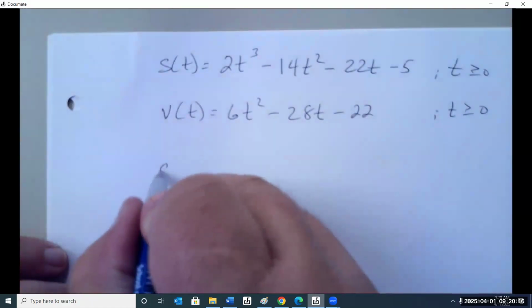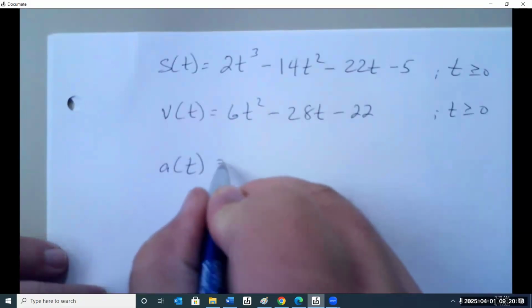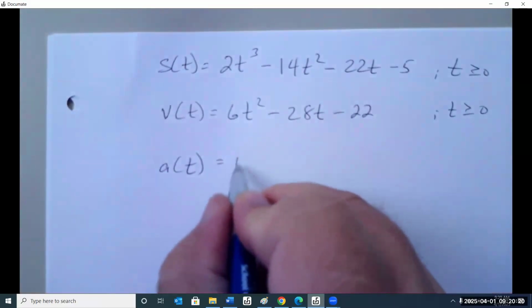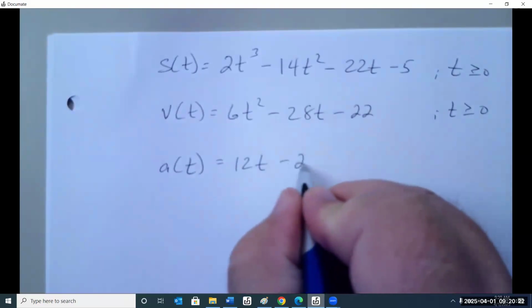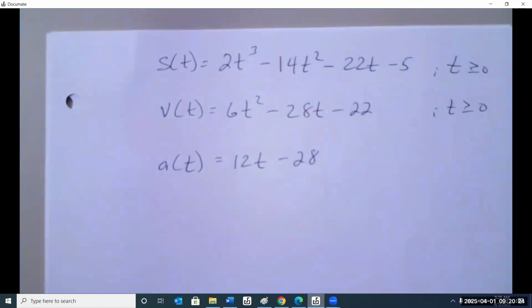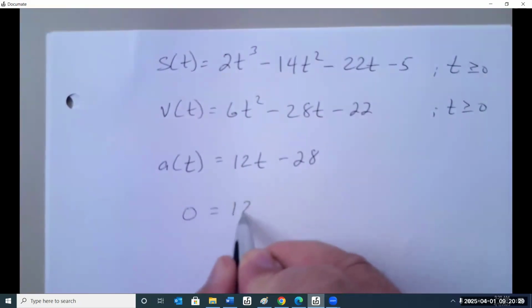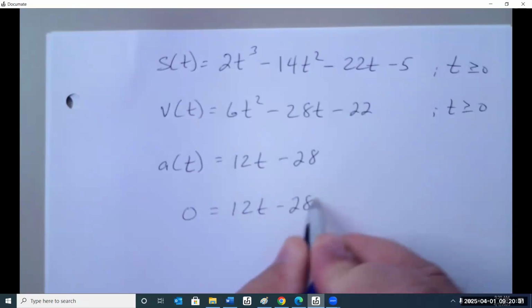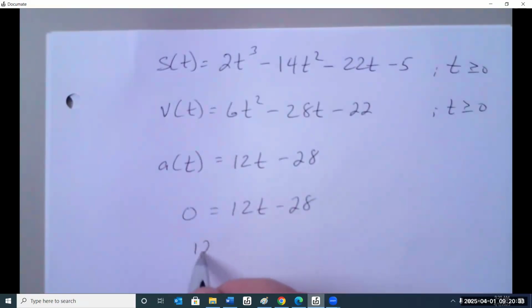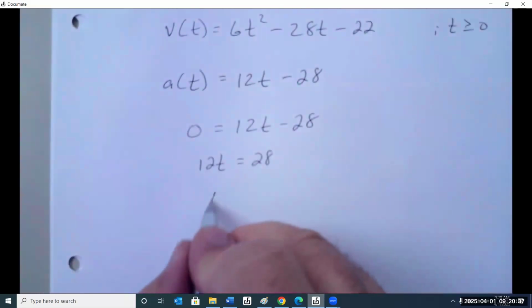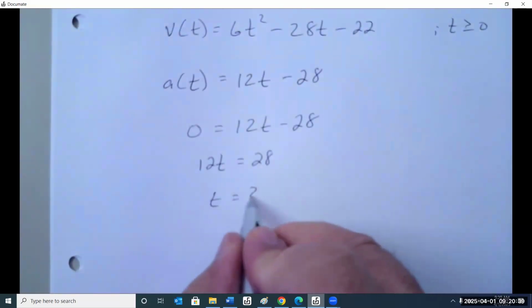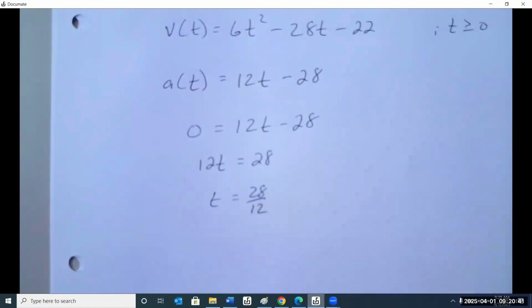Now we're going to find the acceleration. 12t minus 28. Set that equal to 0. So we have 12t equals 28. T is equal to 28 over 12.